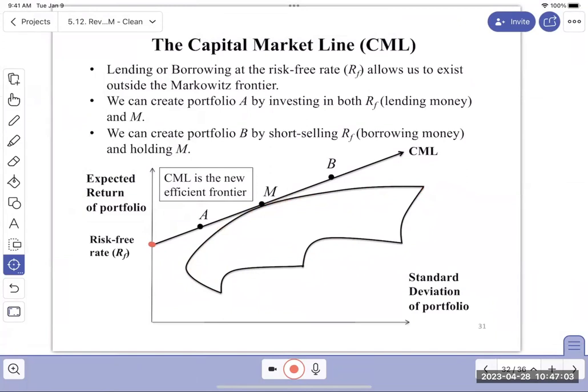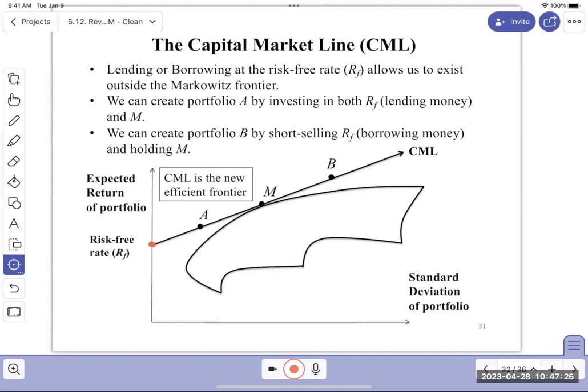And we're going to consider a linear combination between the portfolio that's just tangential to this line with the risk-free portfolio, the T-bills.